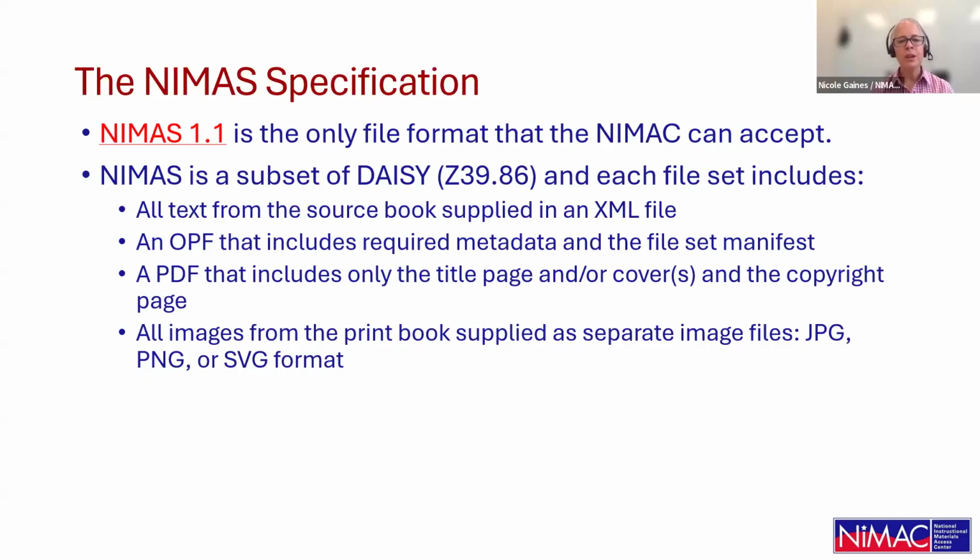The various components include one XML file that contains the text from the book, an OPF that provides the required metadata and the file set manifest, and a PDF that includes only the title page or covers and the copyright page. And then in addition, all images from the original book are supplied in the NIMAS file set as separate image files, and there are several image file formats that can be accepted for that content.